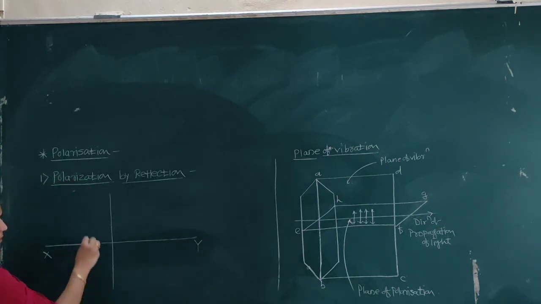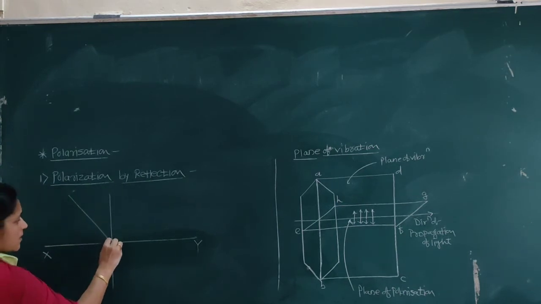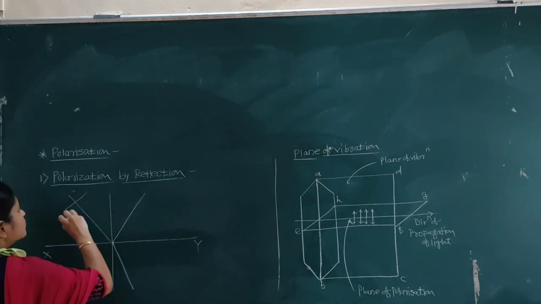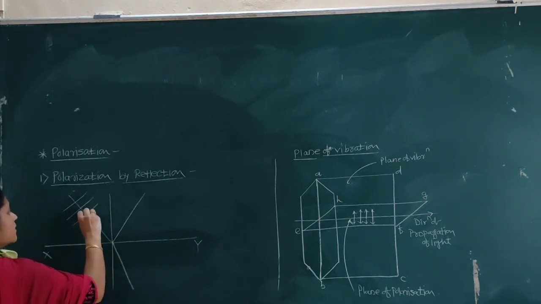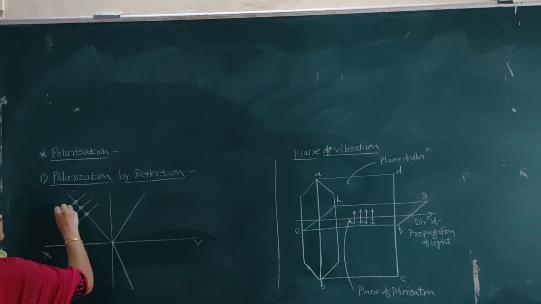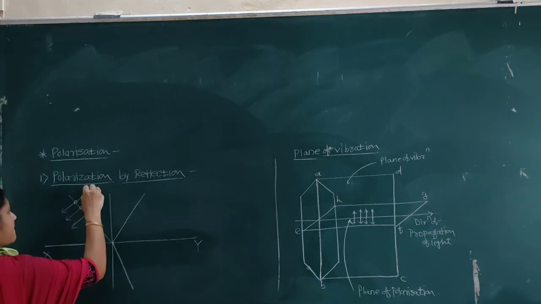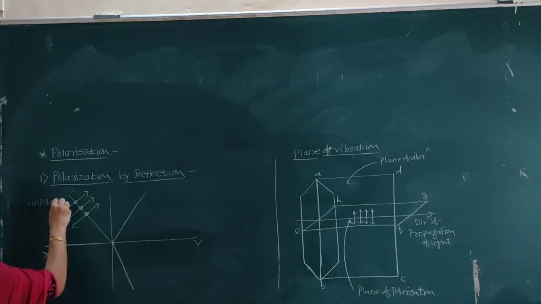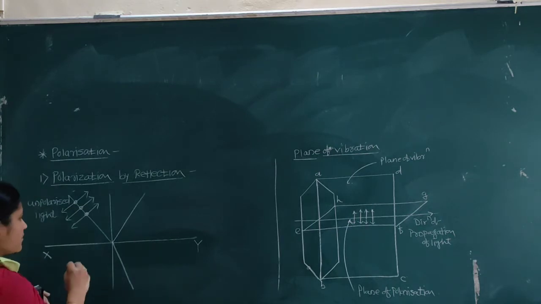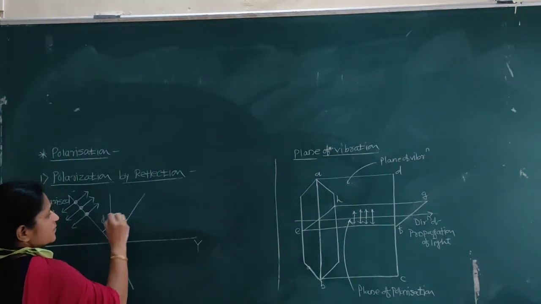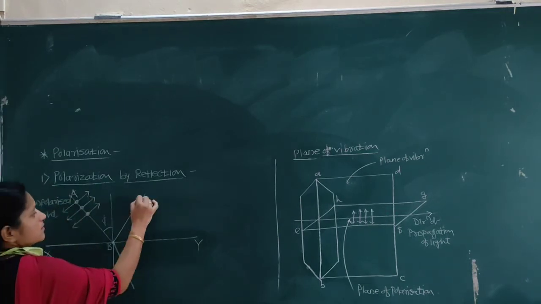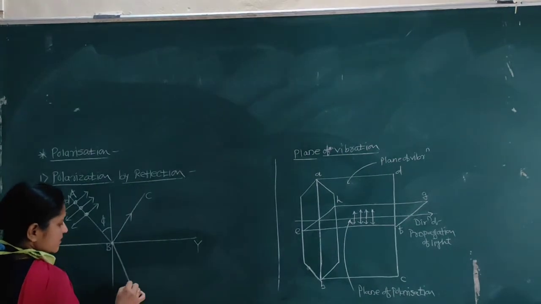This is the normal, this is the incident ray. The ray will be reflected like this and refracted like this. So this is the unpolarized or incident light, with an angle of incidence phi. This point we consider as B, this is A, this one is C, this one is D.